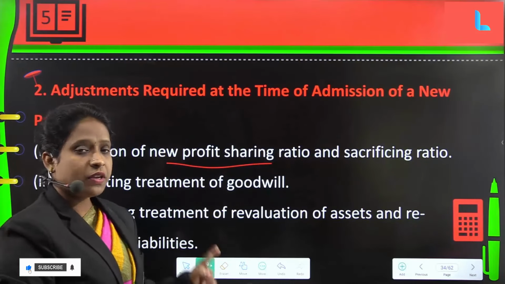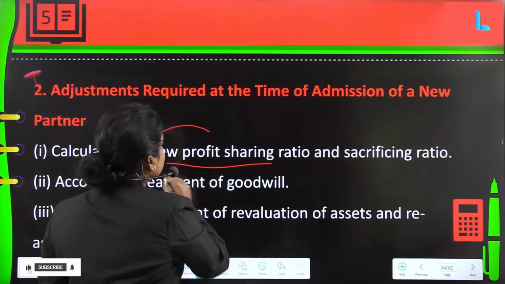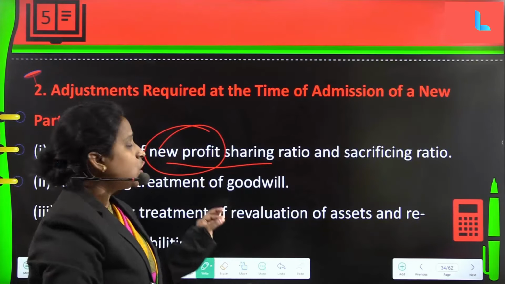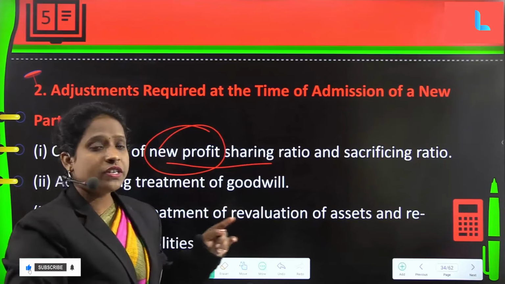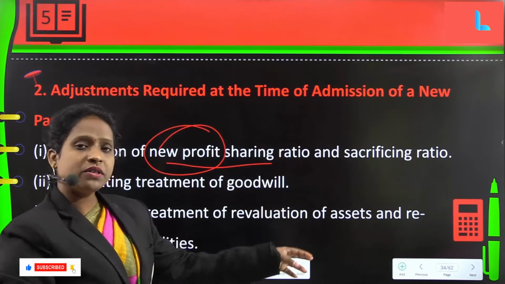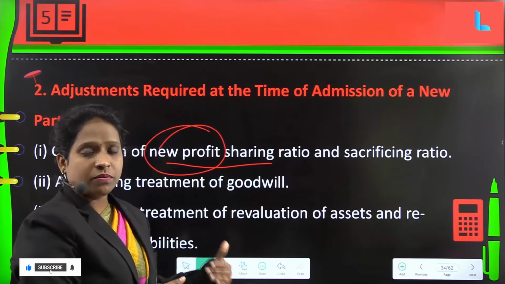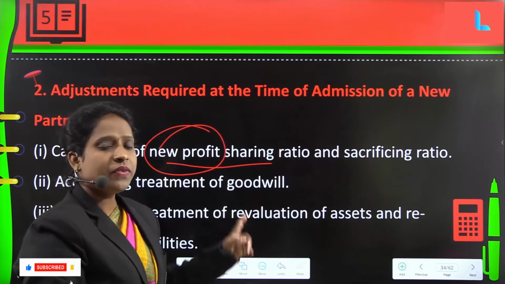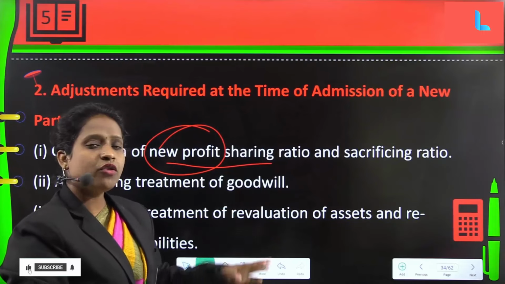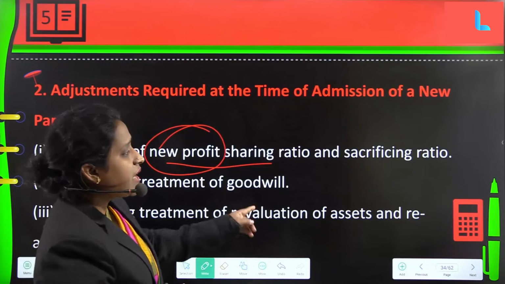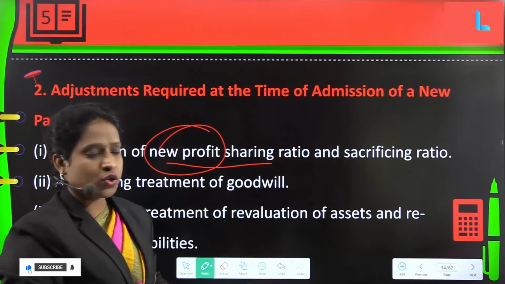The first step is to identify the new profit sharing ratio, because when one person is added, the profit cannot be shared in the same old profit sharing ratio. That is why, whenever a partner is admitted to a partnership firm, a new profit sharing ratio and the sacrificing ratio should be identified.